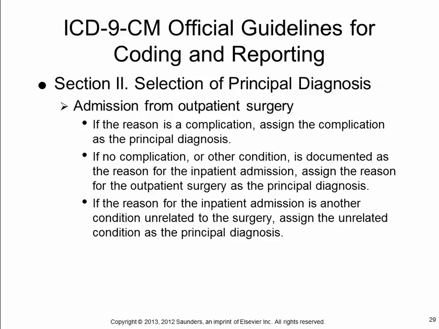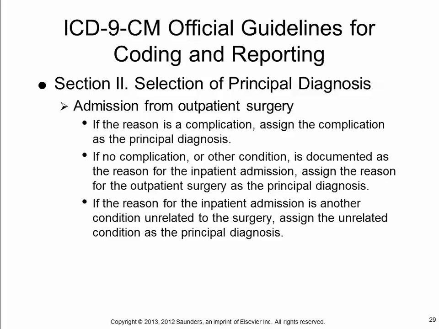What if we have admission from outpatient surgery? Okay, so number one, if the reason is a complication, you assign the complication as the principal diagnosis. You had a complication with anesthesia. Okay? If there's no complication or another complication documented as the reason for an inpatient admission, you assign the reason for the outpatient surgery.